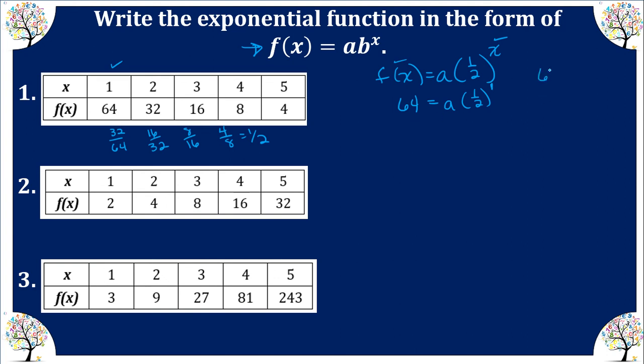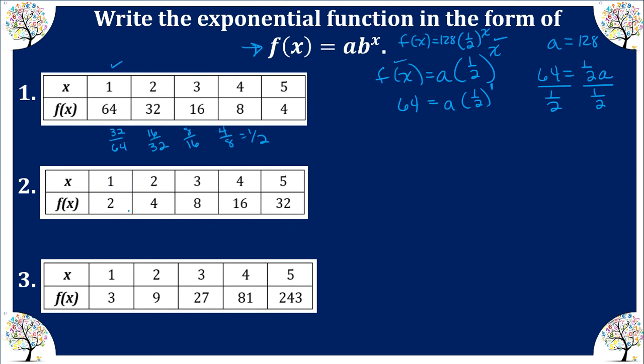So then we have 64 equals 1/2 A. We are going to divide by 1/2, which is simply multiplying by 2. So our A is 128. So we can put that all together. F of x equals 128 times 1/2 raised to the x.